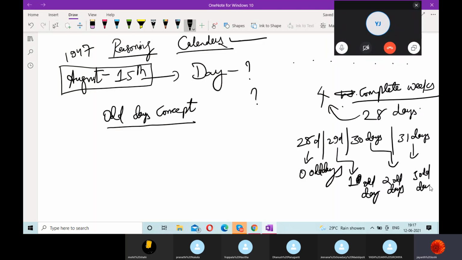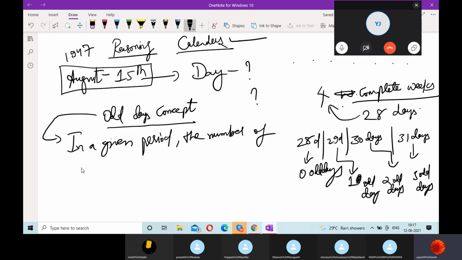All of you note down. If you don't want to say, don't say, but note it down, please. When you understand this concept, I would write a statement here. In a given period, the number of days more than the complete weeks.